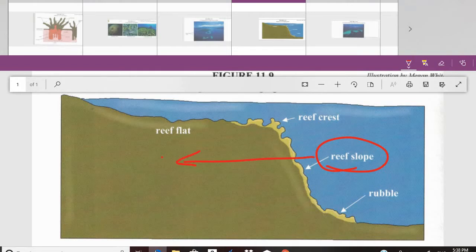So on the reef slope, more growth at the top of the slope, and you would get less growth lower, because the farther down you go, you're going to get less light, right? So less light as you go down means that you would get less growth of the reef as you get lower.